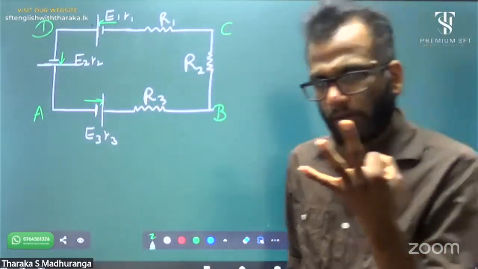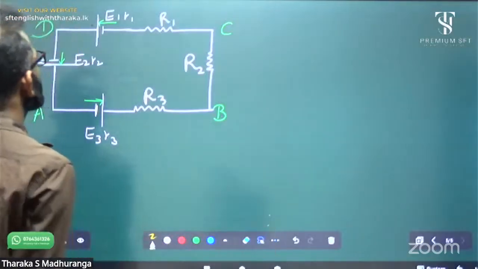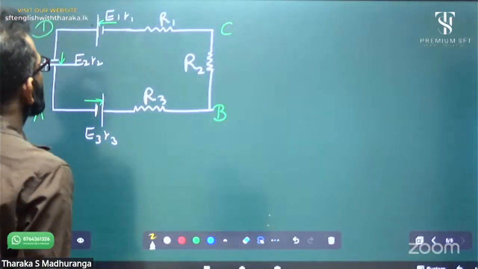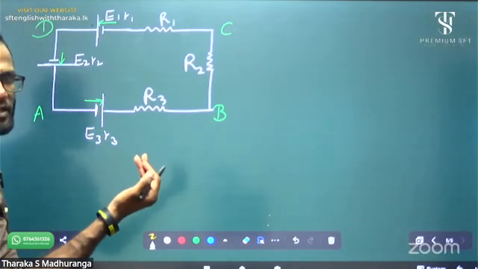Third step, the current direction. The problem is I don't know what the direction is now.